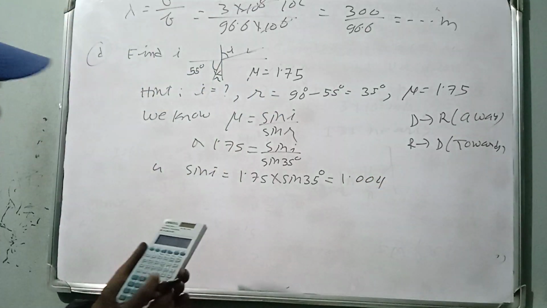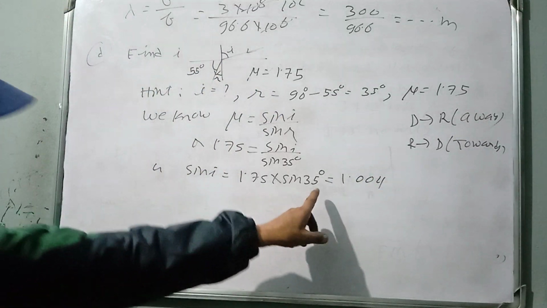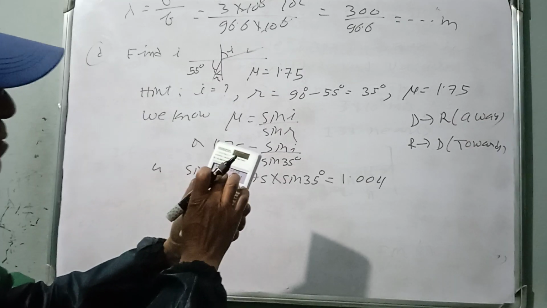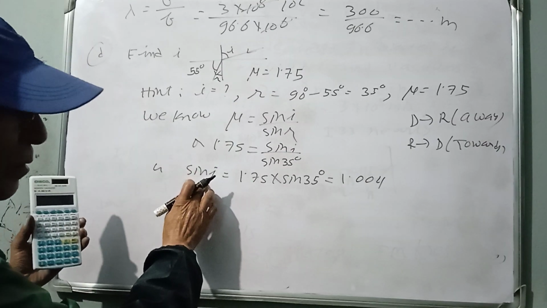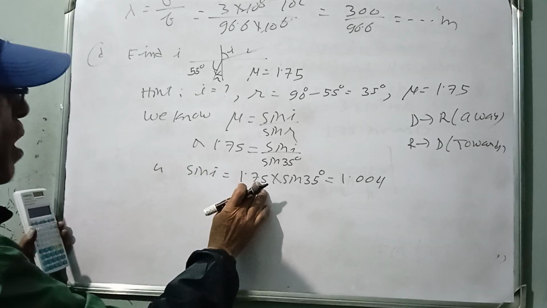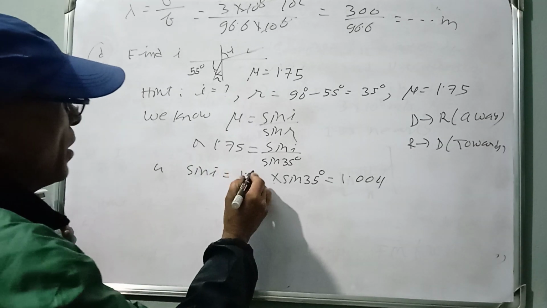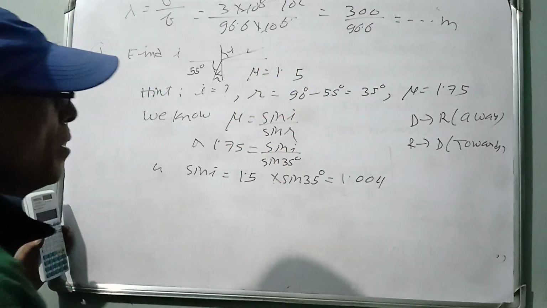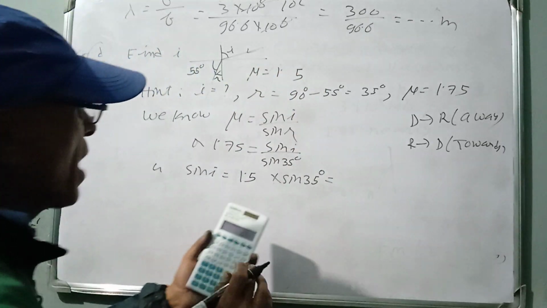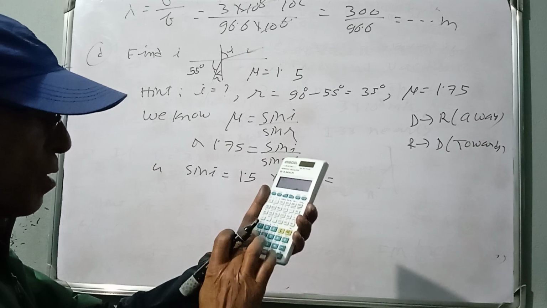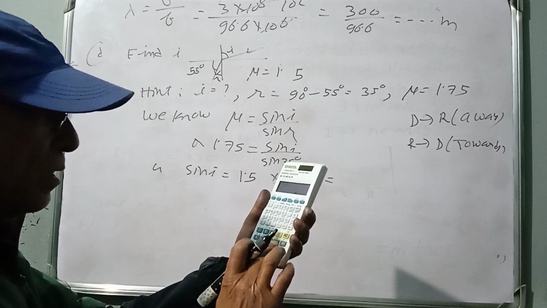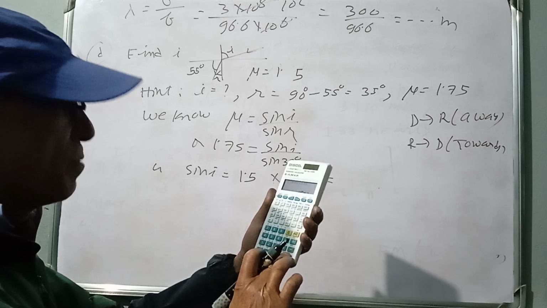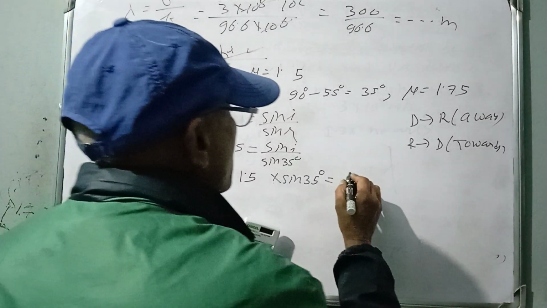1.004. Here something is missing. It may not be 1.75. It is more than 1. So it may be wrong. Therefore 1.75 is changed into say 1.5. Please, you just convert it. 1.5 into sin 35, 0.86.